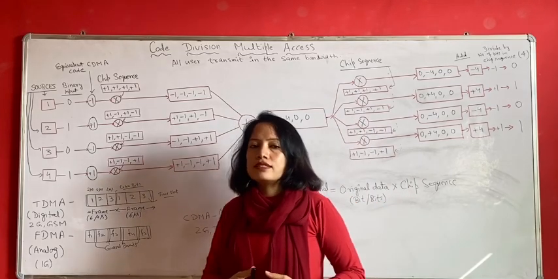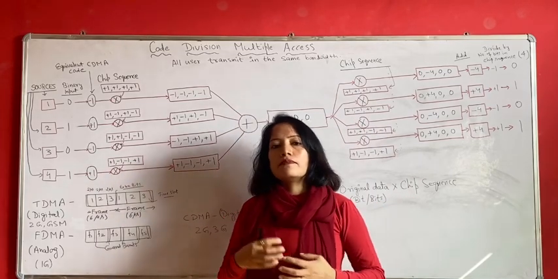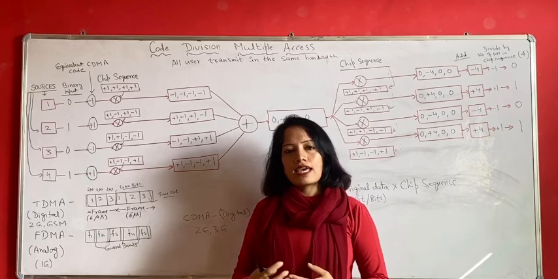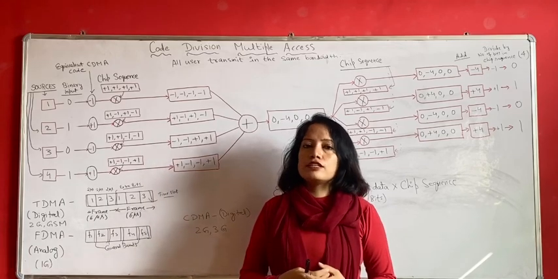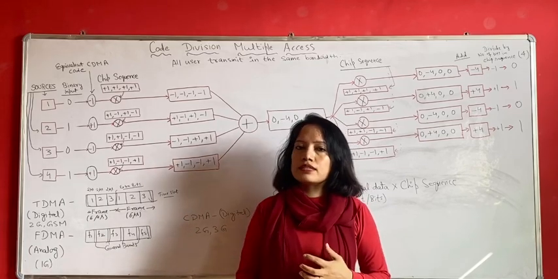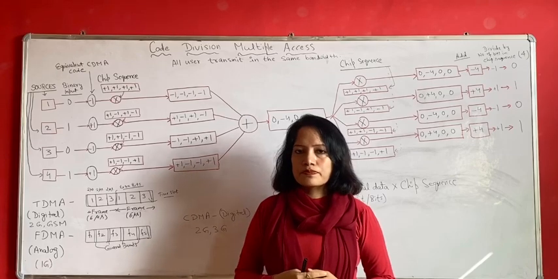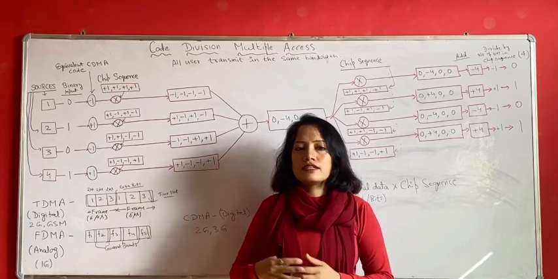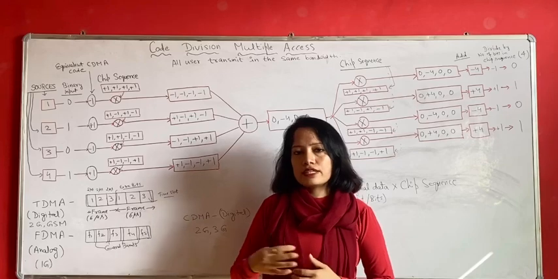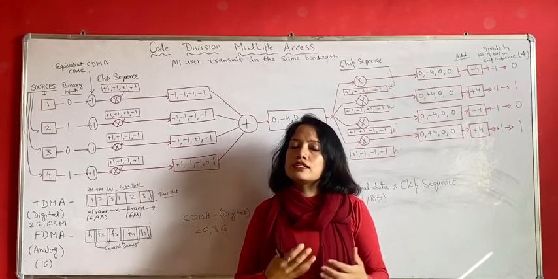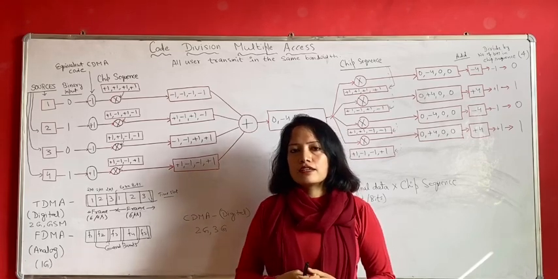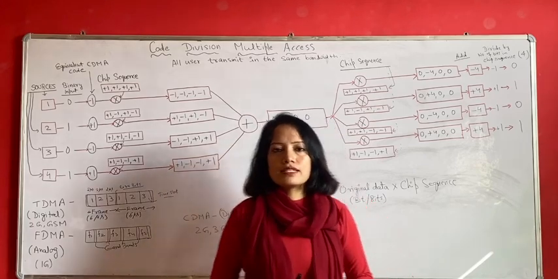Now what happens in this case? Here multiple users can communicate with each other using the same bandwidth and at the same time. So there is no frequency division, and there is no time difference in the communication among different users. So this is really fascinating.